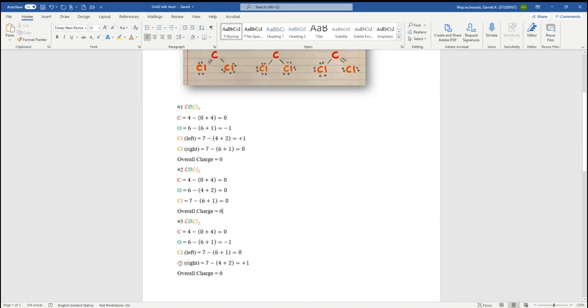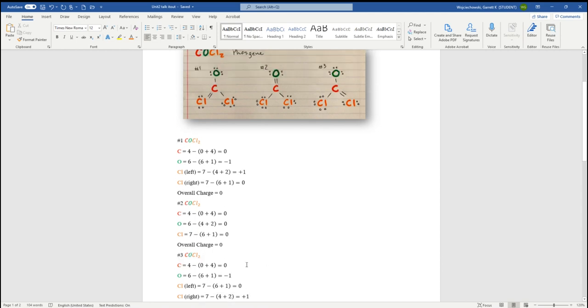And then we move to chlorine on the right. 7 minus 4 non-bonding electrons plus 2 bonding electrons. 4 plus 2 is 6. 7 minus 6 is positive 1. That brings us to the overall charge for the third and final structure, which is 0. So still neutrally charged, and the reason is because this negative 1 and this positive 1 cancel out.